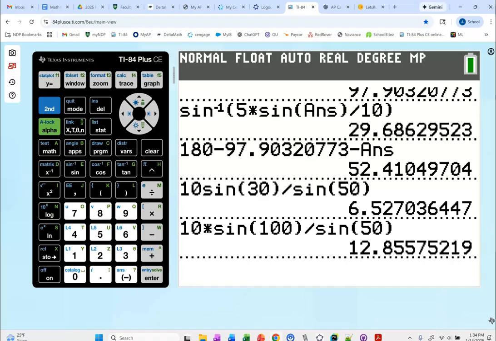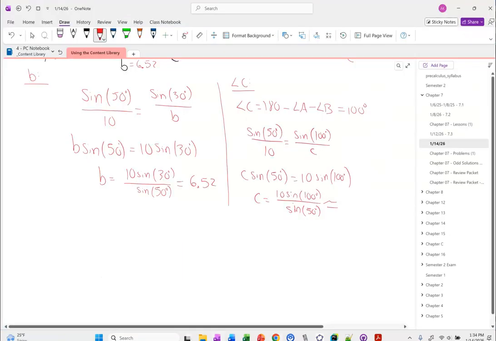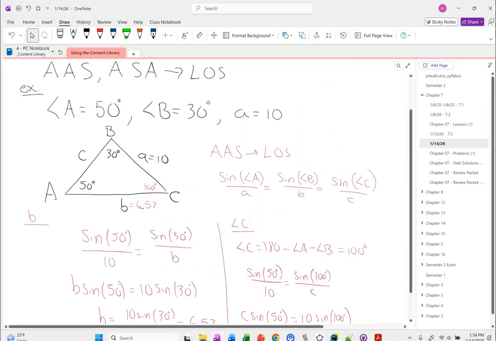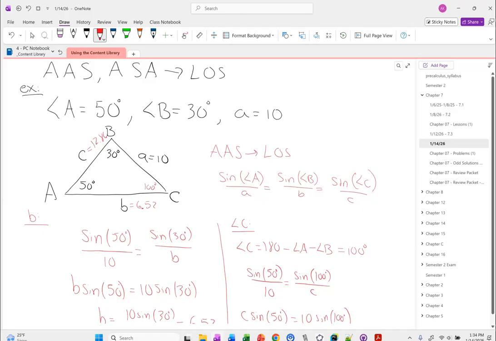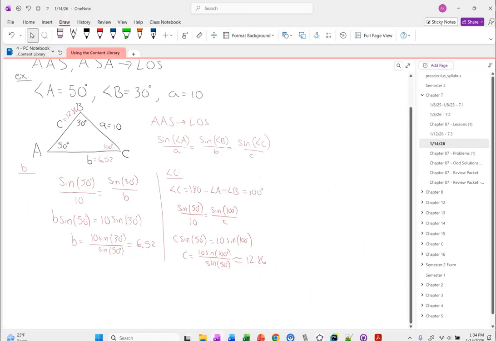Are you sure we can't push back the quiz? We take it on Friday. How many questions are on this? 3. But I think all three are kind of just the same thing? No. I mean, they're all solve the triangle problems.